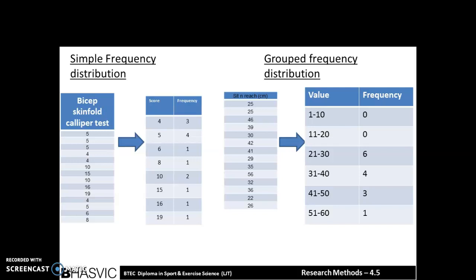Therefore, all scores between 21 to 30 are put into one category, and this is continued throughout the data until all the readings were in categories which the researcher can read easily. So there's 0 values from 1 to 10, there's 0 values from 11 to 20, there's 6 between 21 and 30, 4 between 31 and 40, 3 between 41 and 50, and 1 value between 51 and 60.